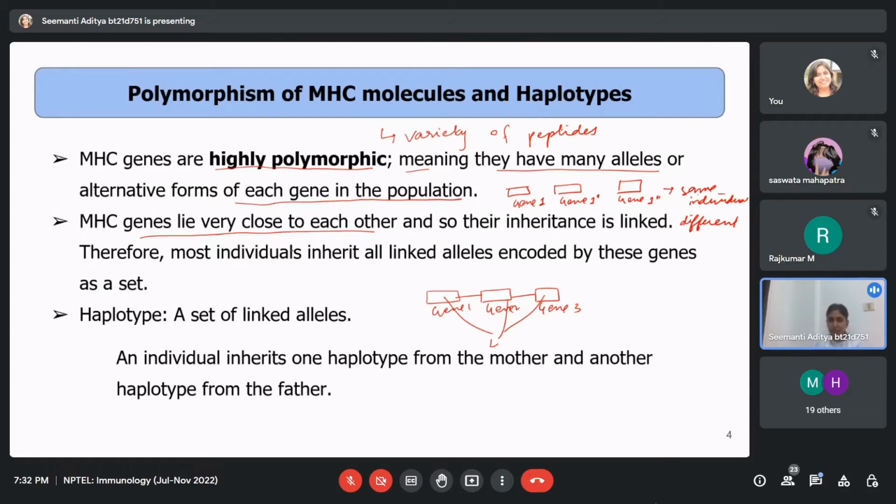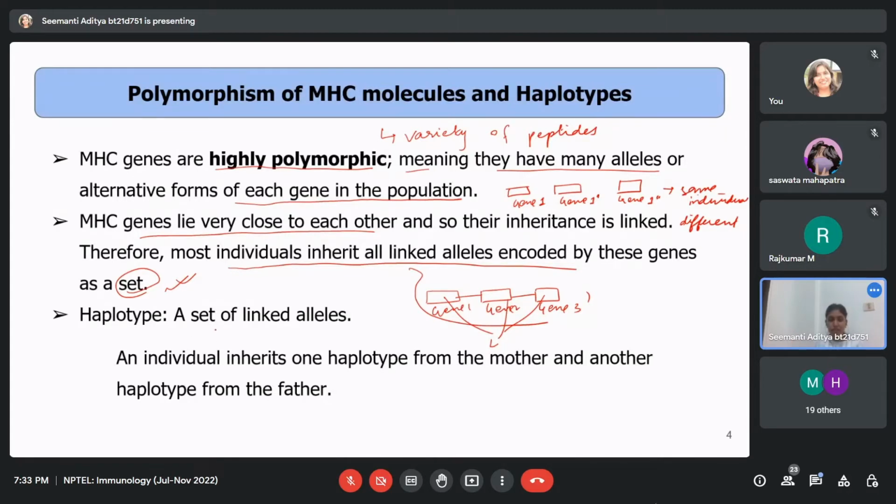But MHC genes lie so close to each other that all three genes will be inherited at the same time in most cases. So as it is written, most individuals will inherit all linked alleles encoded by these genes as a set. So gene 1, gene 2, gene 3 are inherited as a set.